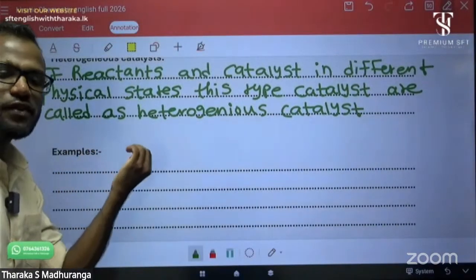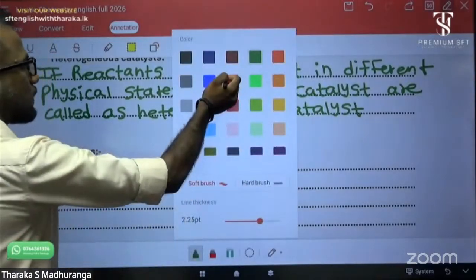Reactants and catalyst in different physical states.